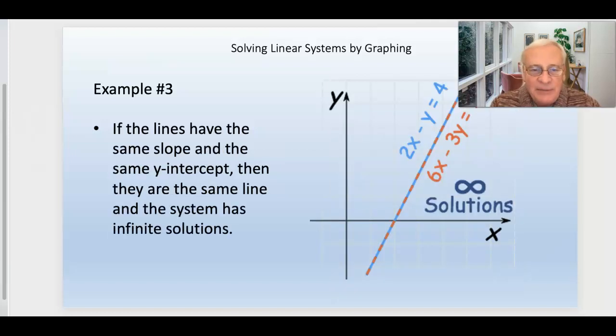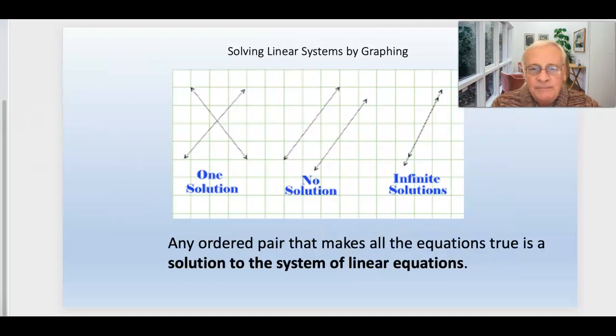If the lines have the same slope and the same y-intercept, then of course they're the same line, and the system itself has infinite solutions. And again, any ordered pair that makes all the equations true is a solution. Okay: one solution, no solutions, infinite solutions.